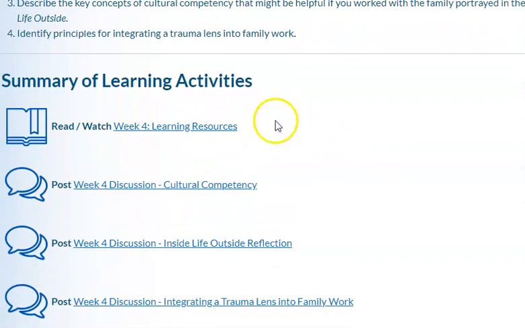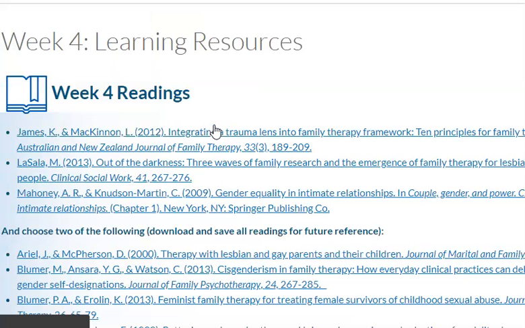So there are a lot of learning activities for this week. Let's first look at our learning resources. The required readings are as follows.